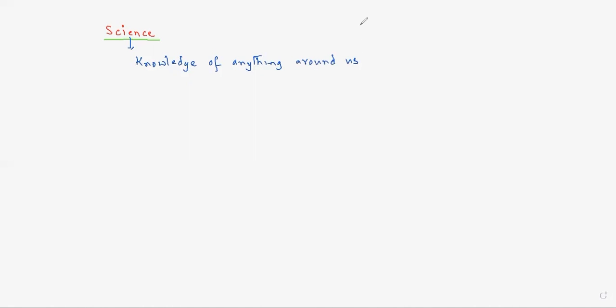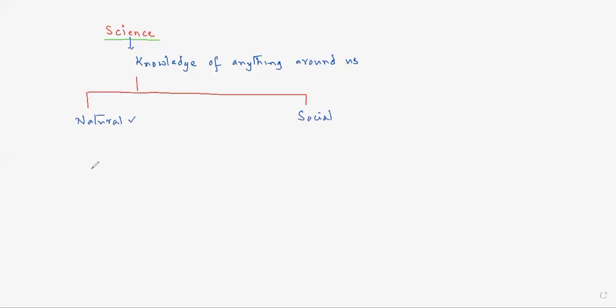Now, this science, for the sake of simplicity, is divided into so many types, but basically of two types. Natural sciences and the other one is social science. Science is broadly classified into natural sciences and social science.